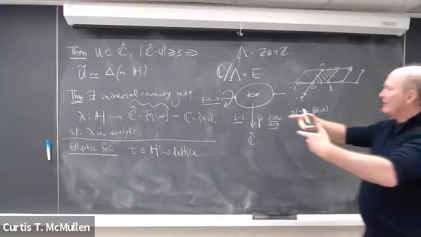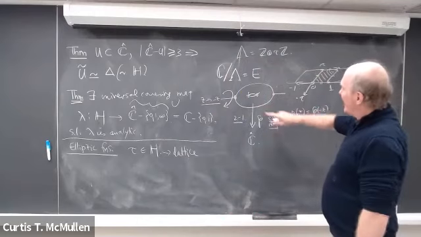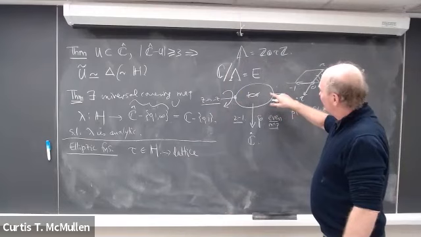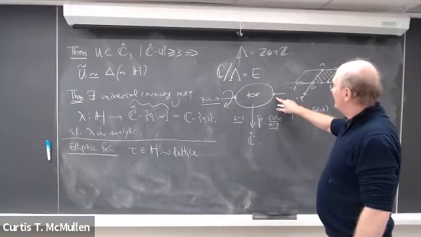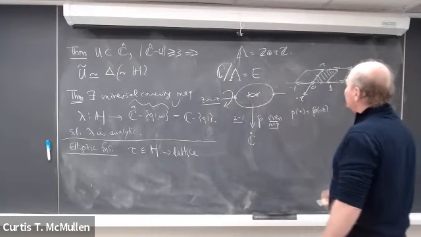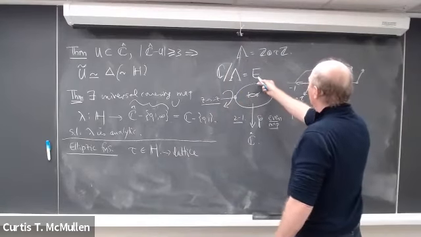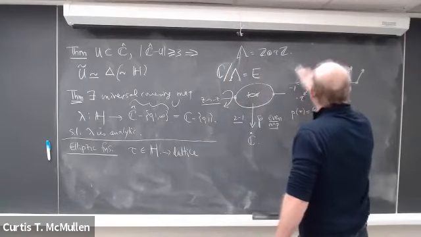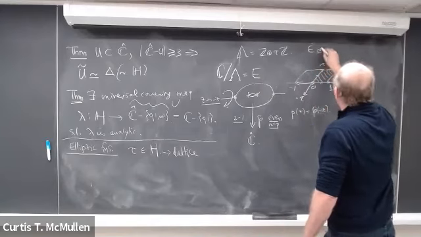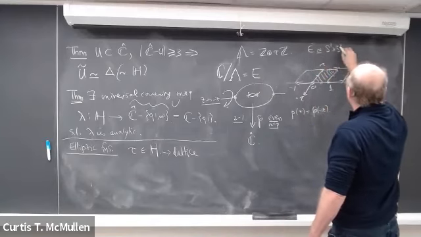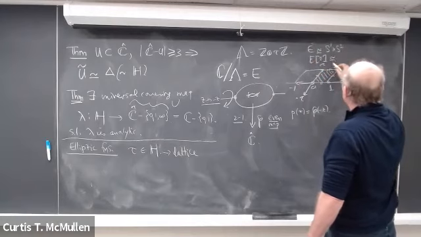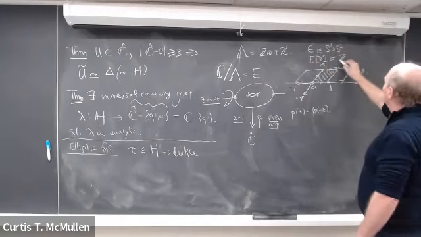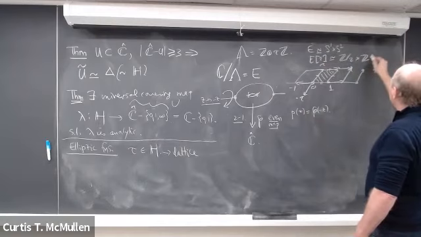But the map, Z goes to minus Z, has a fair number of fixed points on E. In fact, it has 4 fixed points, namely the points of order 2 in the group law on E. So E itself is isomorphic as a group to S1 cross S1, and its points of order 2 are isomorphic to the points of order 2 on the circle, which is Z mod 2, cross another Z mod 2.